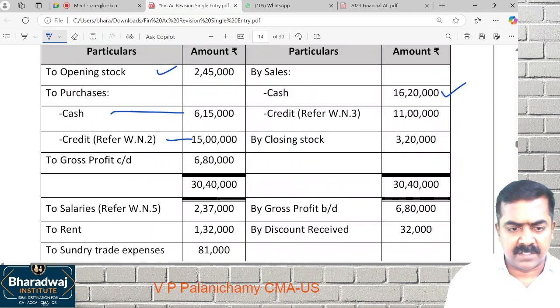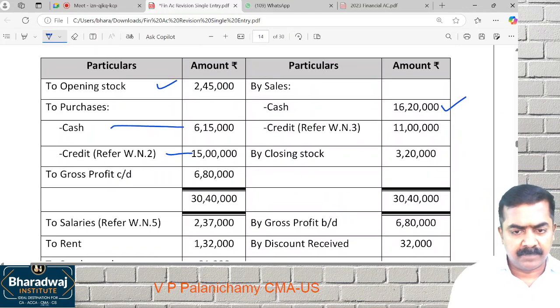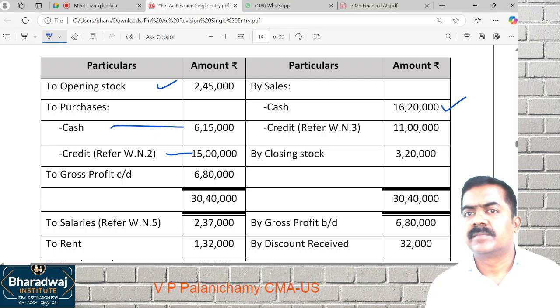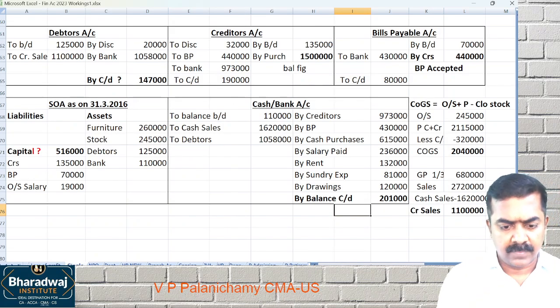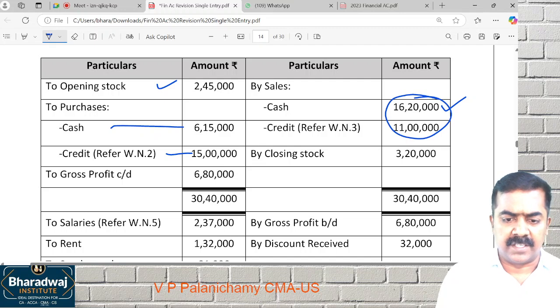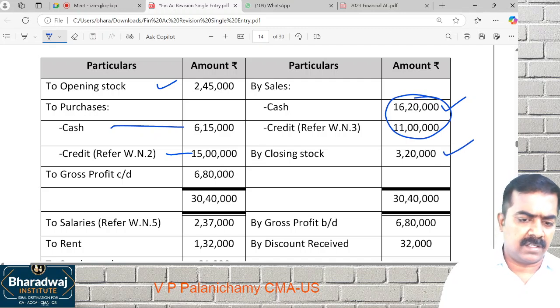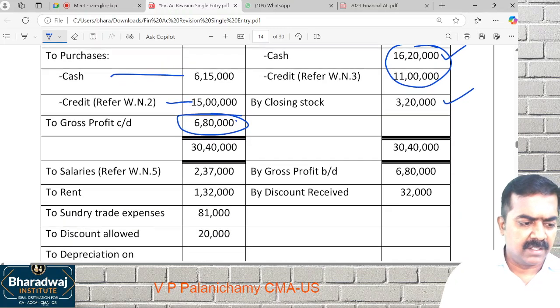Cash sales plus credit sales gives us total sales. What is the total sales? 27,20,000. Closing stock we worked out or given. Gross profit is a balancing figure.